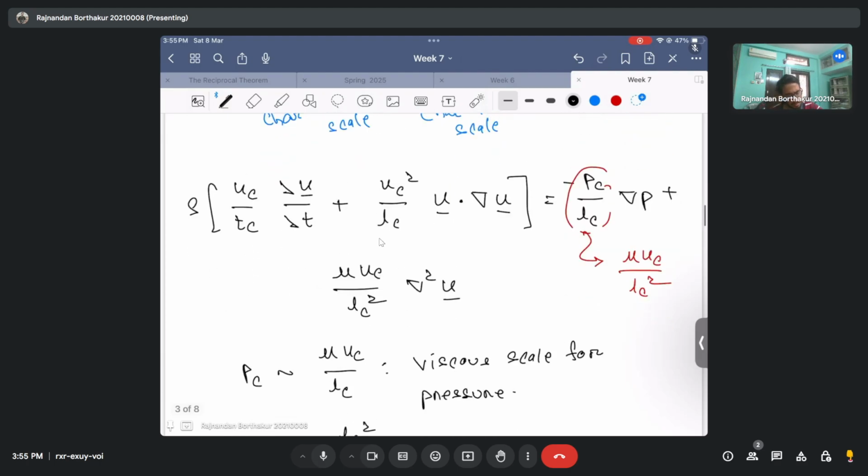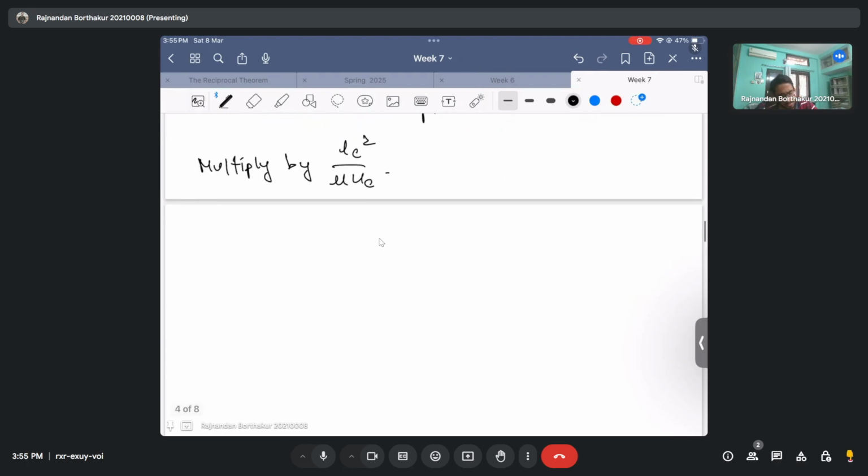So these terms would just go out to be equal to 1 because they are just 1 by the same term. So they'll just give us 1, which is fine. And then I have these terms, okay?